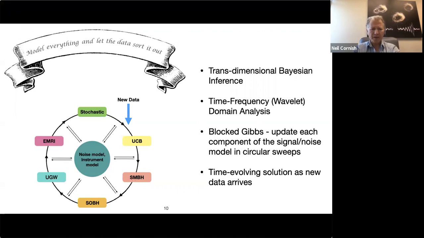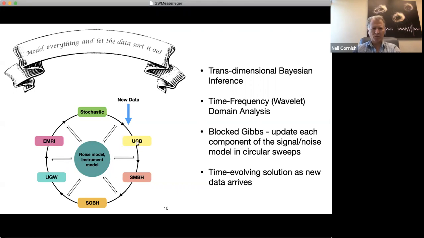So while we do need to do a global analysis, so long as we update each component and then pass the residuals, so data minus model, from one block to the other, then we end up getting the fully correlated solution.